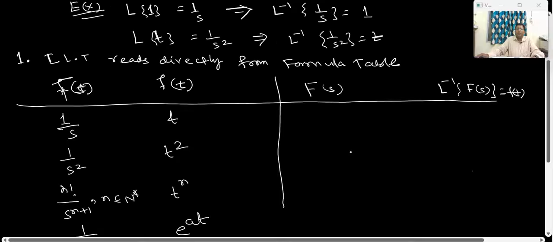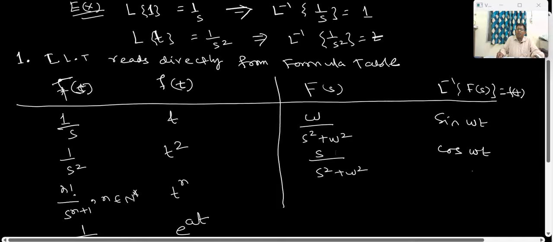Accordingly, if you have omega by s square plus omega square, then the inverse is sine omega t, right? Similarly, if it is s by s square plus omega square, then it is cos omega t.